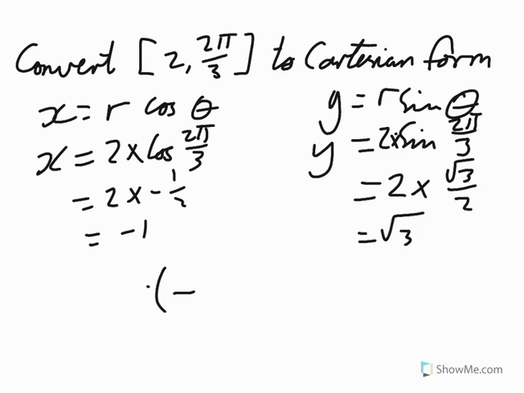So our coordinates are -1 and root 3 in Cartesian form.